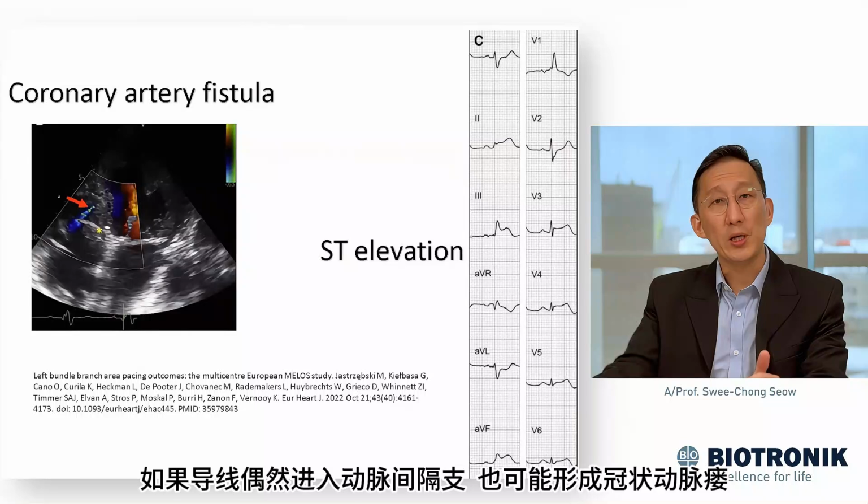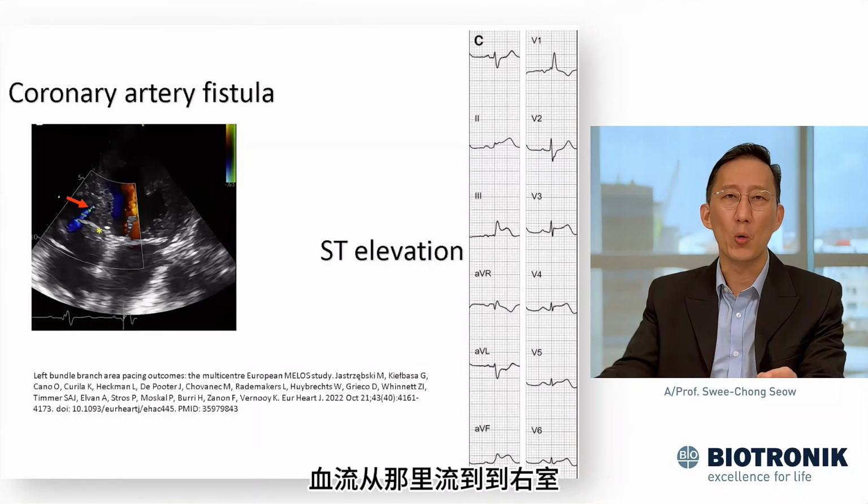A coronary artery fistula can also be formed if your lead happens to get into one of the septal perforators, the arteries, and then you get a flow that comes from there into the RV cavity.